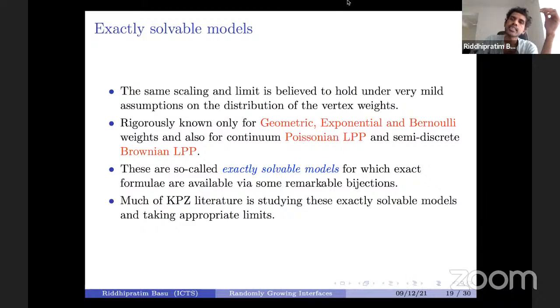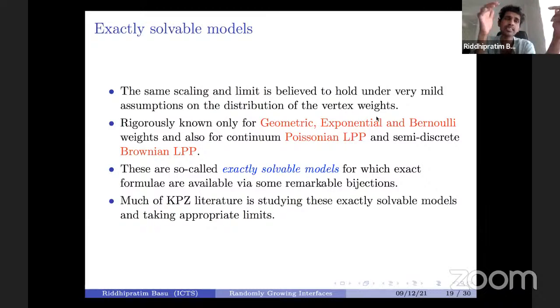And then there is this semi-discrete model where your randomness lives on lines indexed by the integer line, so it's like R cross Z. Your randomness is a family of Brownian motions indexed by Z essentially, and you do your last passage percolation on that picture. This is called Brownian last passage percolation. These are the handful of models for which this prediction is rigorously verified.